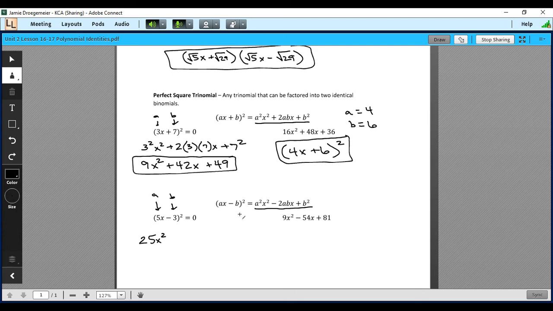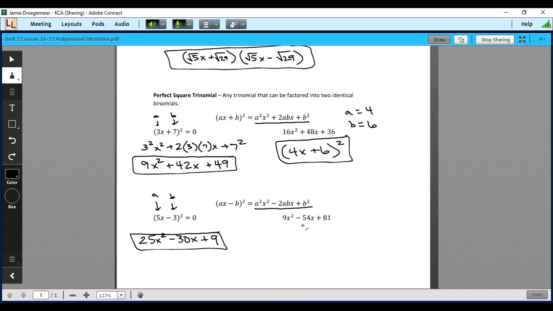We're going to have negative 2 times the a times the b times x. So negative 2 times 5 is negative 10. Negative 10 times 3 is negative 30. So this is negative 30x. And then b squared, 3 squared is 9. And so that's going to be the trinomial form.